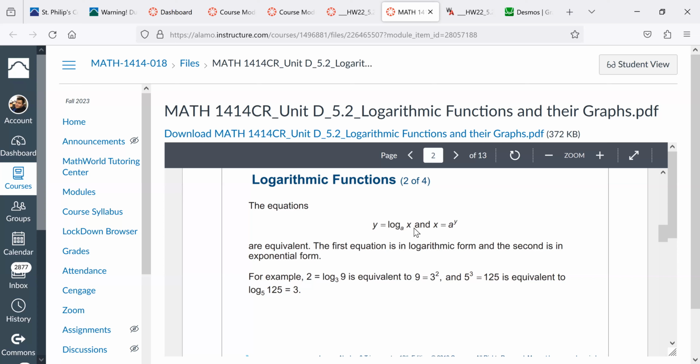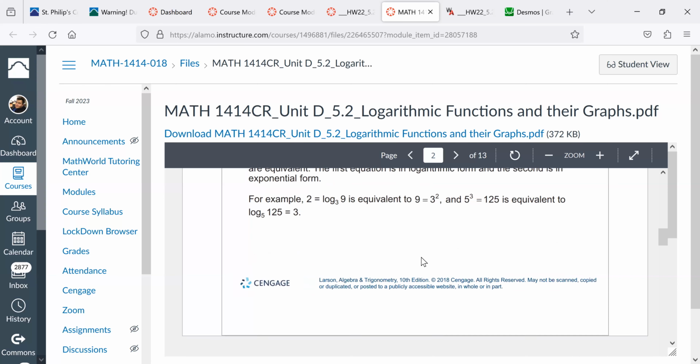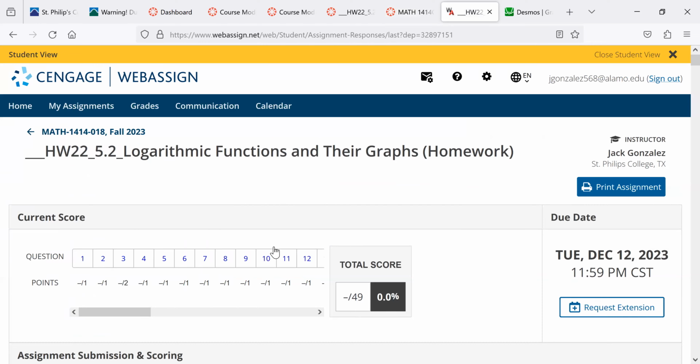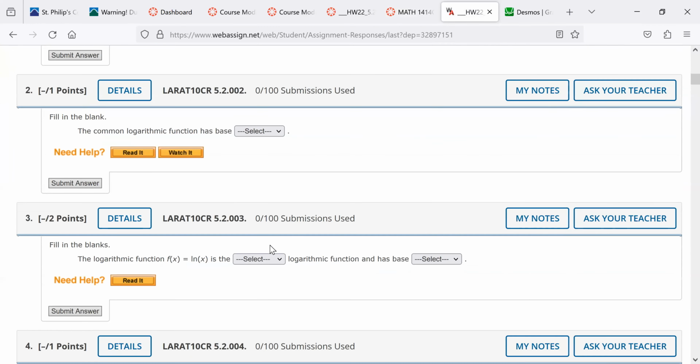X is going to be 9. So 9 is equal to 3 squared. So the first few questions in the homework, I believe, are going to make you just shift back and forth.